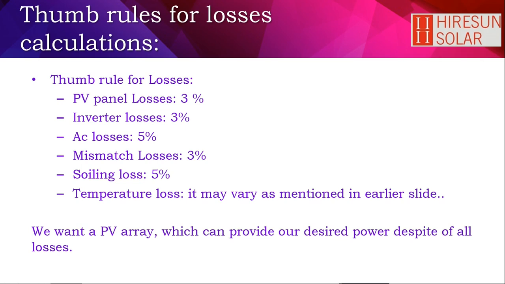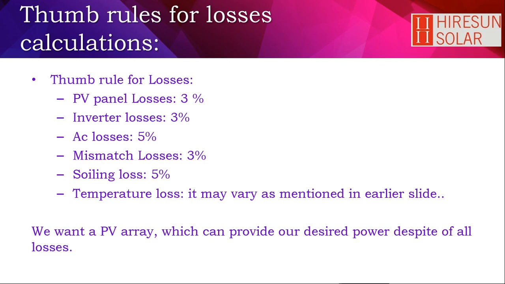So let's revise the same thing that we revised in the past sessions. These are the thumb rules for the losses calculation. The PV panel losses are 3%, inverter losses are 3%. If you remember our earlier session on designing a standalone system, we assumed the efficiency of the inverter between 90% to 97%, so the losses are 3%.